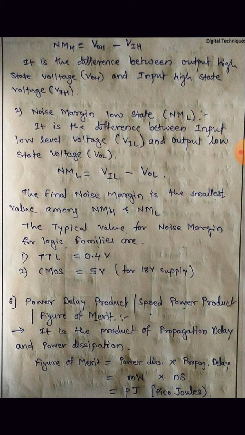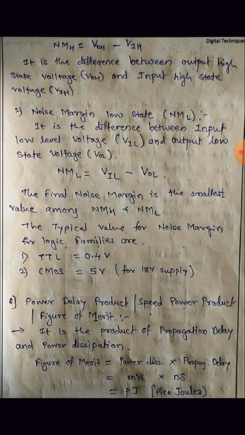Next, the last characteristic is figure of merit, also called power delay product. It is the product of propagation delay and power dissipation. That is, figure of merit is equal to power dissipation into propagation delay.